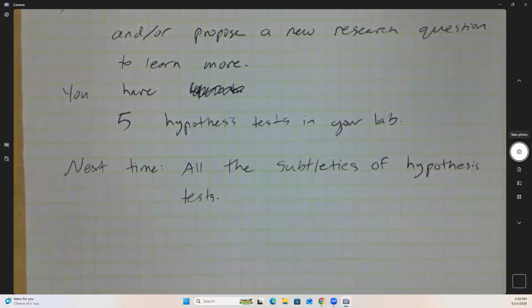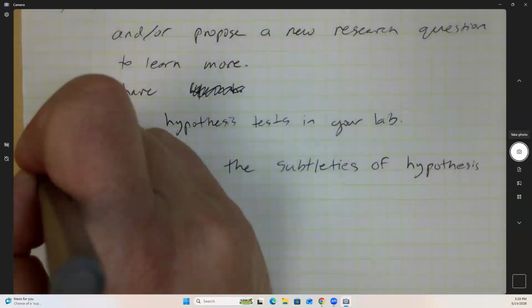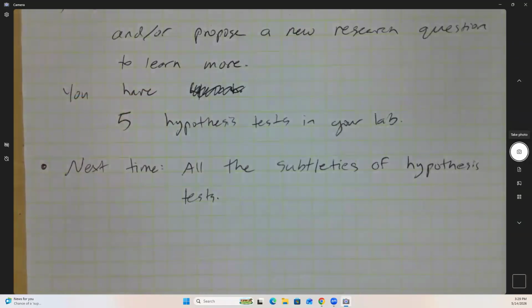Or, well, what's the chance that I'm wrong? And how can I reduce the chance that I make the wrong conclusion? Things like that. So we're going to talk more next time about those subtleties and investigate it a little bit more. So for the rest of today, I encourage you to work on your labs, get a good jump on those, because those are due in 1 week. You have all the tools to do the rest of that.